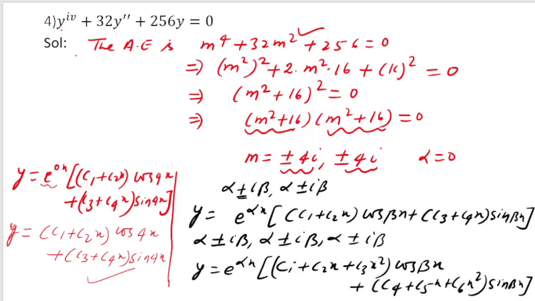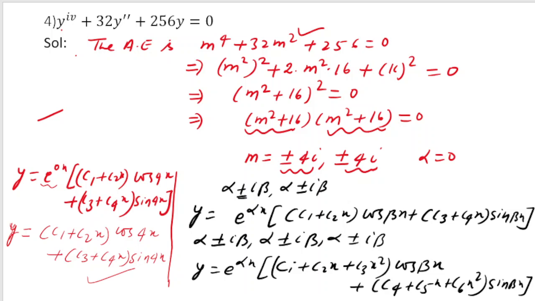Okay, now moving ahead, we are done with three categories of possibilities: when the roots are all real and distinct, when the roots are repeated, and when the roots are imaginary or complex numbers. There may be problems in which some roots are real, some repeated, some imaginary.